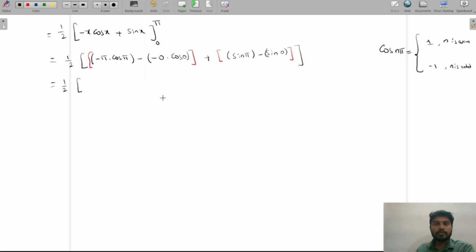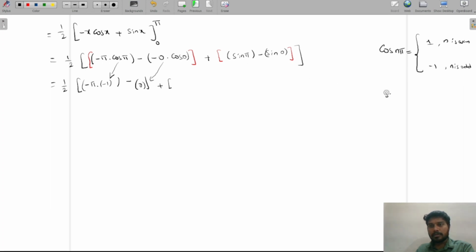Okay, so it will become minus pi into cos of 1 pi. Is 1 pi an even pi or an odd pi? It is an odd pi, right? So minus 1 for cos pi, bracket close, minus this becomes 0, bracket close, and this plus sin pi.